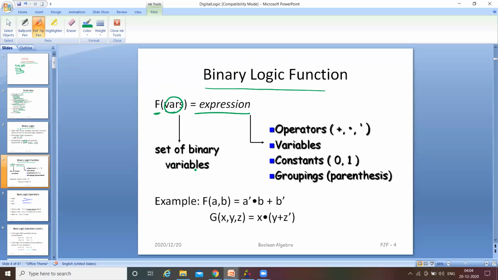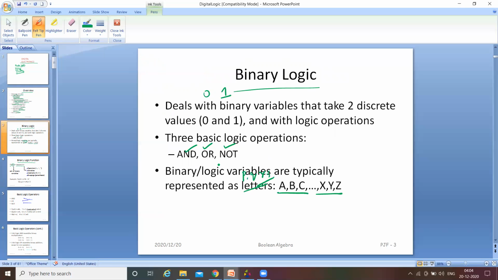Previously, in the first slide, we assumed that binary or logical variables are typically represented as A, B, C, X, Y, Z, P, Q, R, S, whatever it may be.